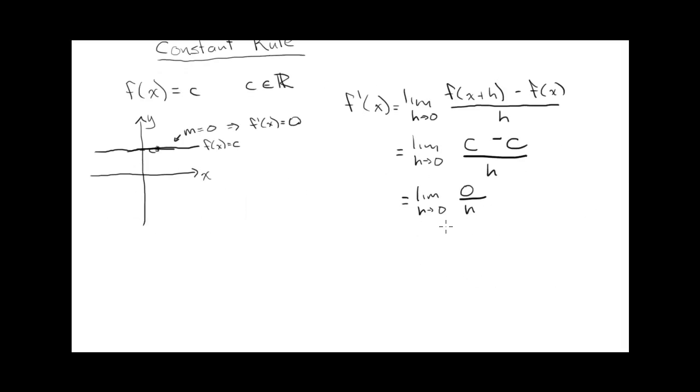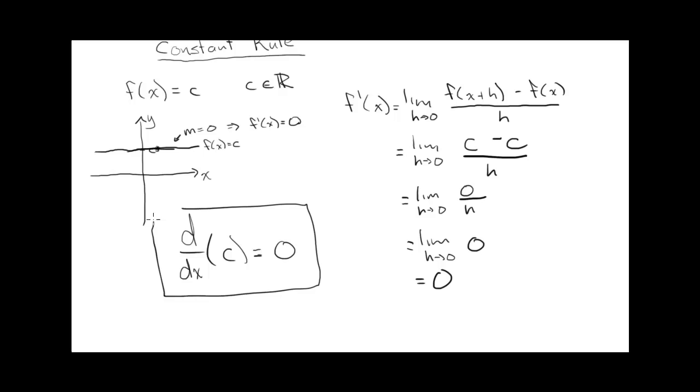Well, 0 over anything, as long as it's not 0, is 0. And we have a limit law which says that that's equal to 0. So it was true. In general, d by dx of a constant is equal to 0. That's what we call the constant rule, where c is a real number. Okay, so that's your constant rule.